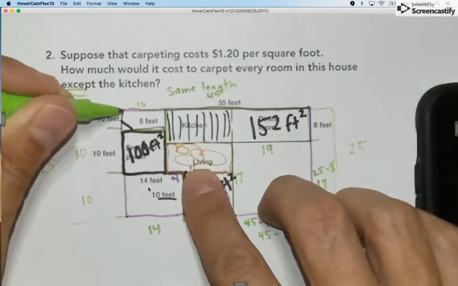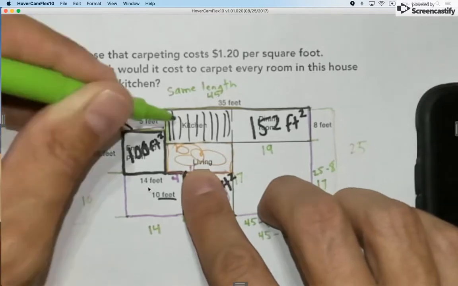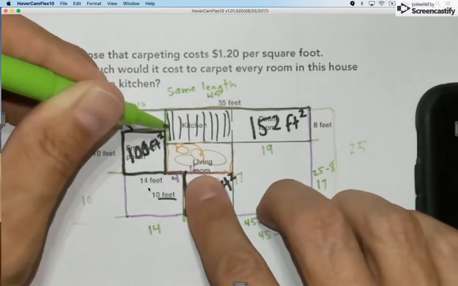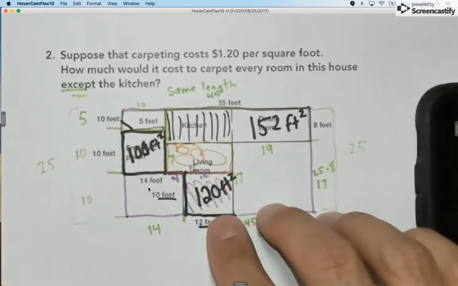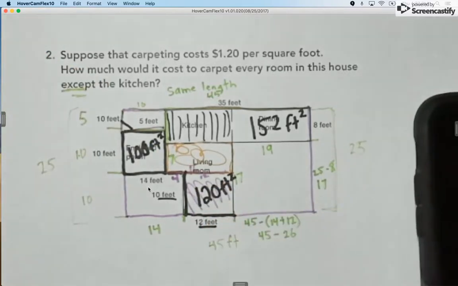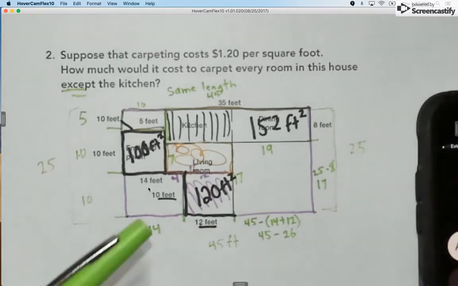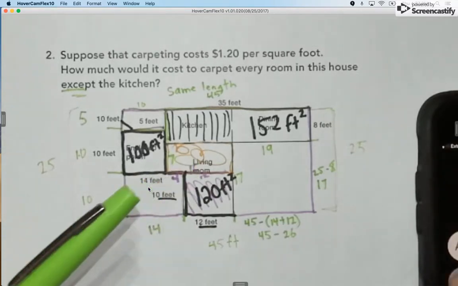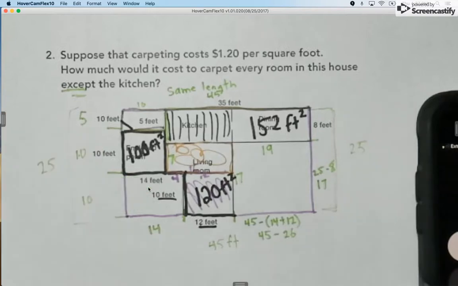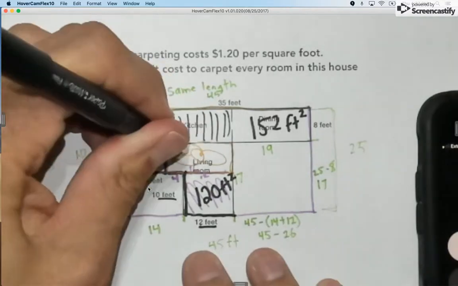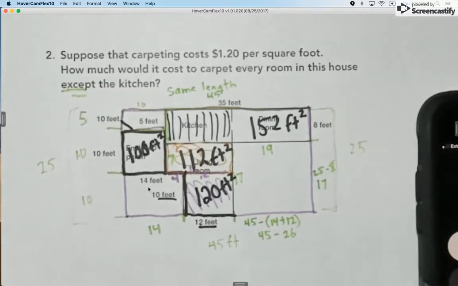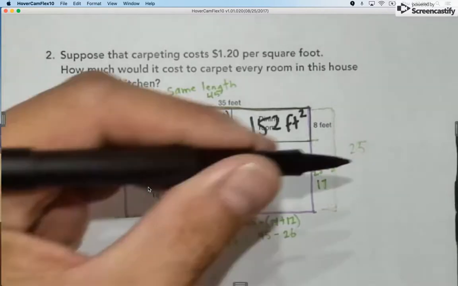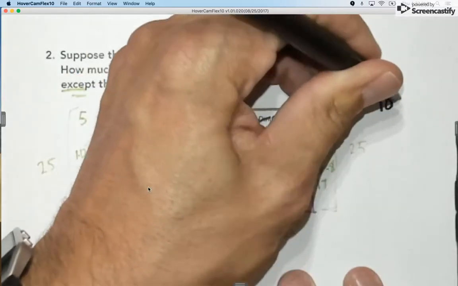Since this is 15 feet and this is 8 feet, that means this has to be 7 more feet to get to the 15 feet. Oh. So 7 times 16 is 112 feet squared.